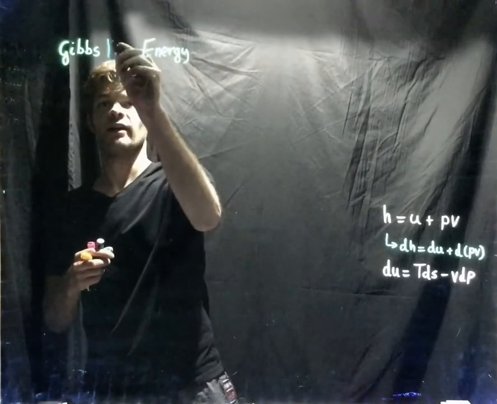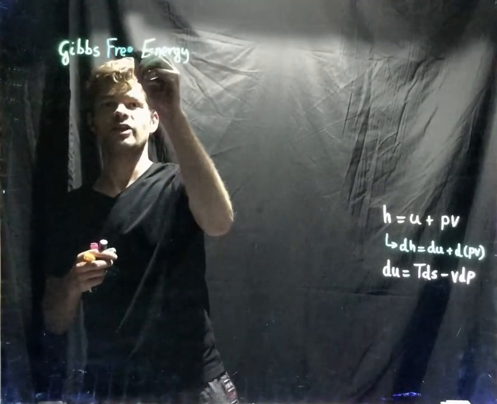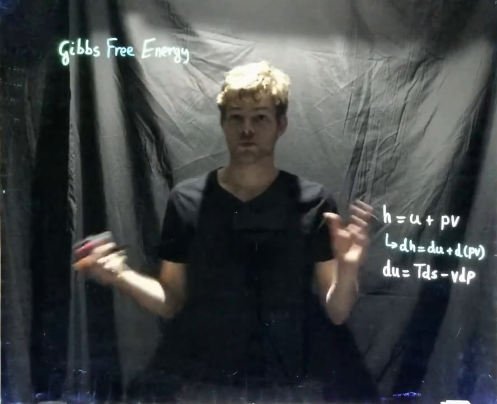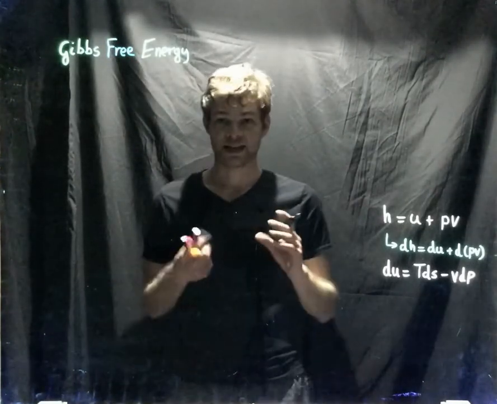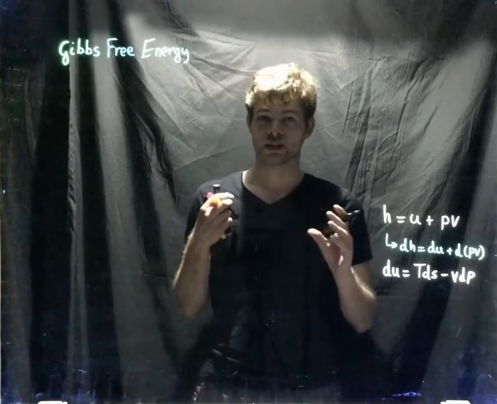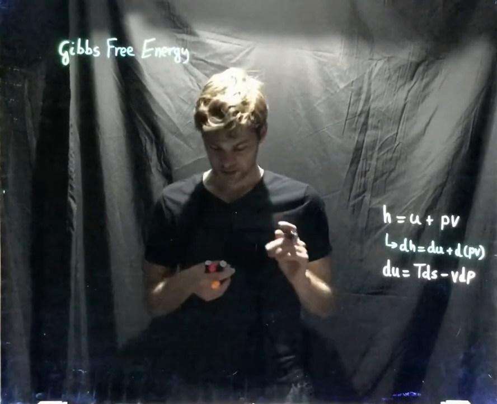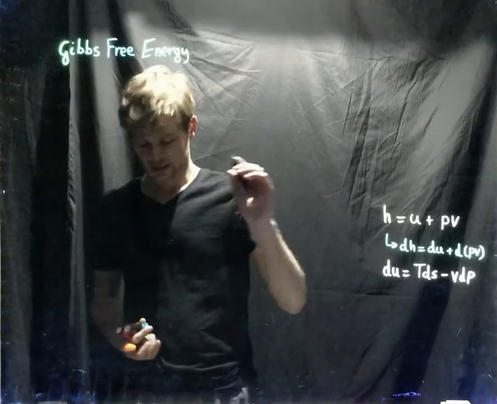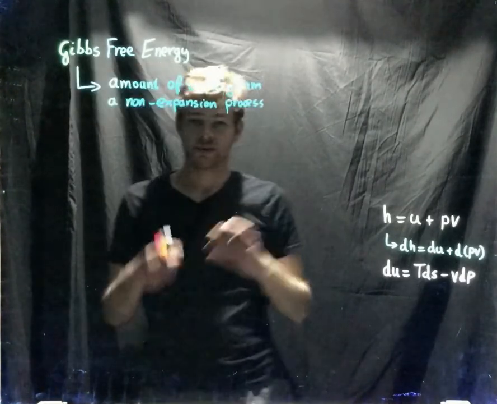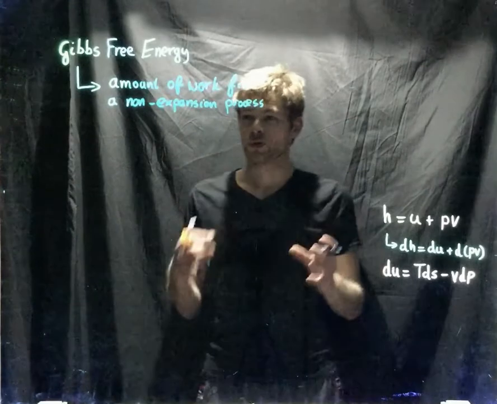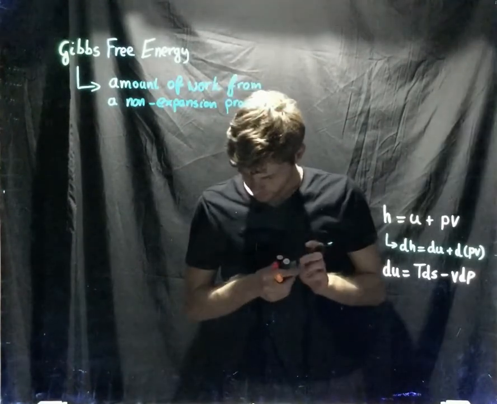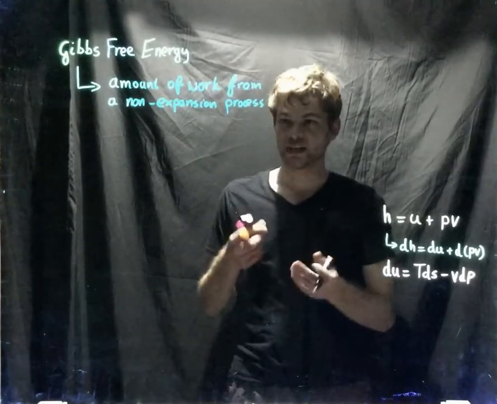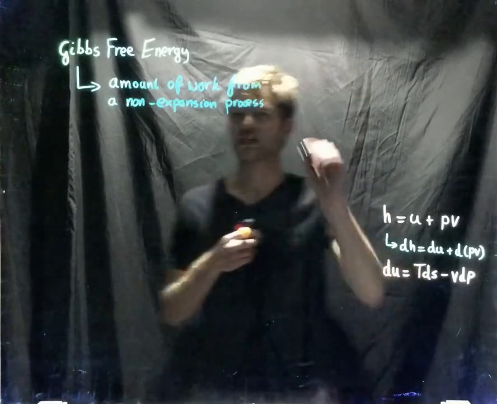This video is about Gibbs free energy. Gibbs free energy, like Helmholtz, is a specific type of energy which you can take into account. Gibbs free energy is the amount of work that can be obtained from a process in which no expansion takes place.